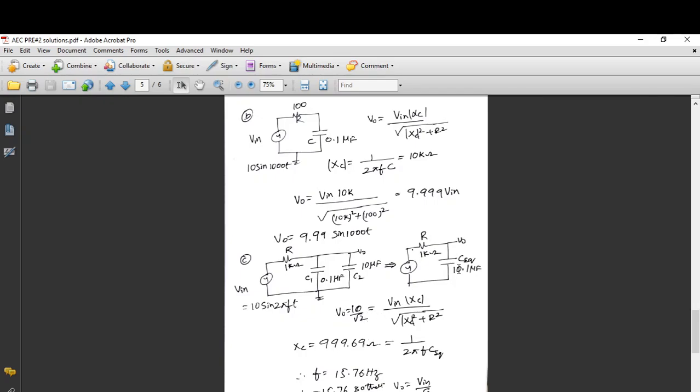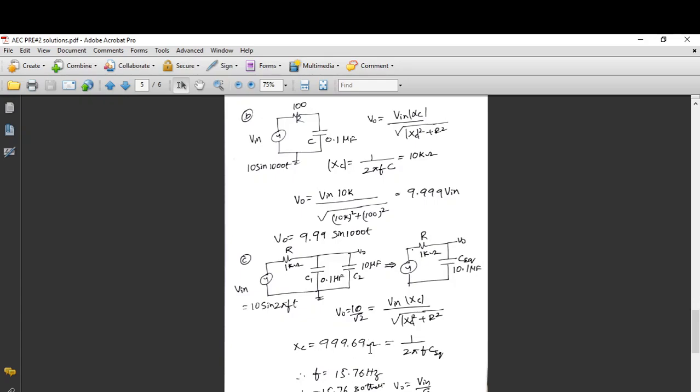We know that this is the capacitance. I am writing its reactance divided by the magnitude of the overall impedance, which is, because we know that this is an imaginary quantity having a j term. So let us see how we got this as 999.9.